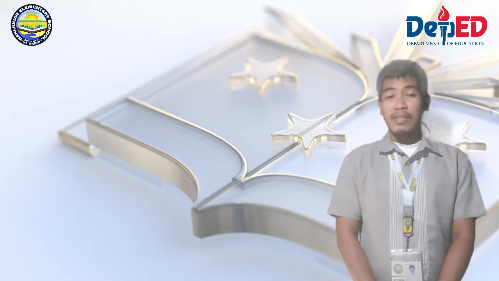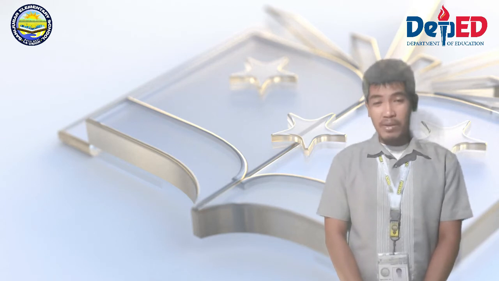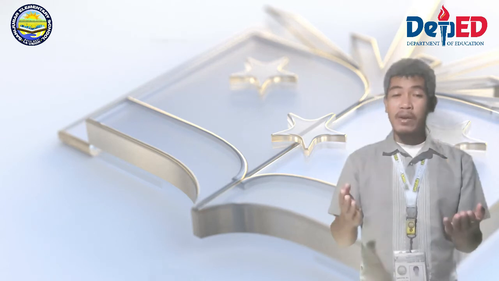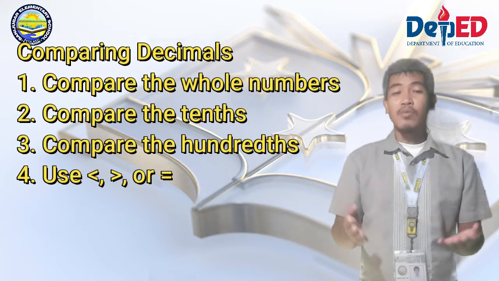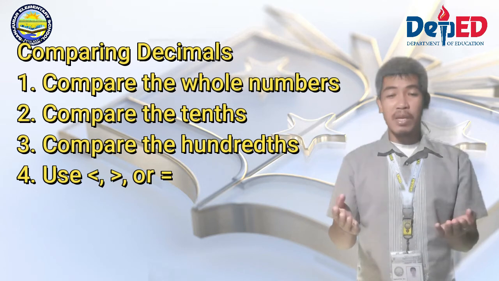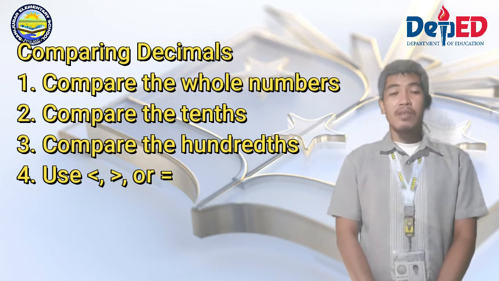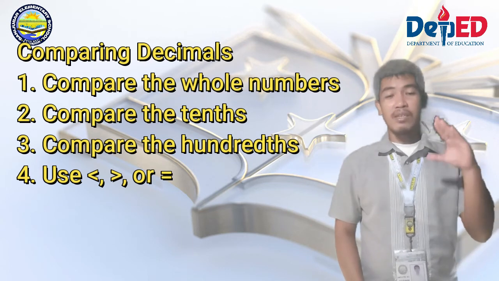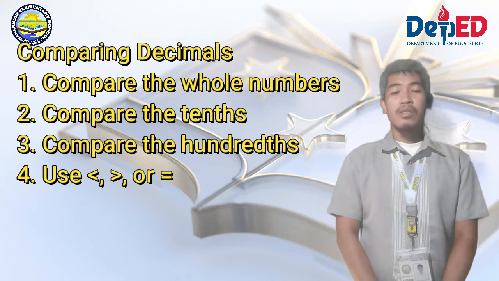And finally, how do we compare decimal numbers? We compare the whole numbers, we compare the tenths and the hundredths place value, and we can use the lesser than sign, the greater than sign, or the equal to.